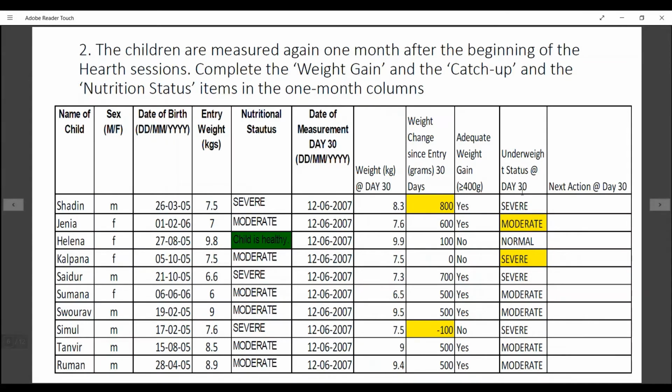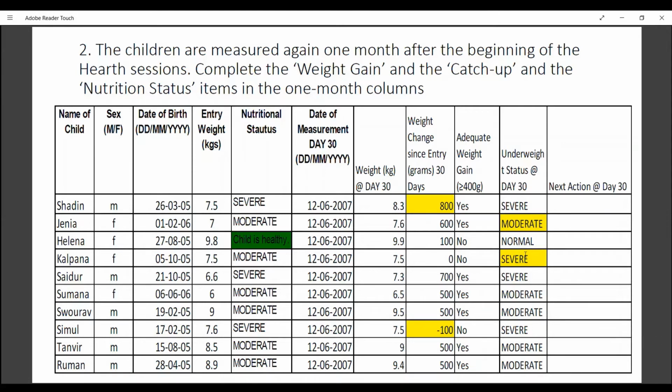The question number 2 was to complete weight gain and catch up and the nutrition status around 1 month. So your result should look familiar to this one. We have already covered this one for the day 1, and now we have here the results for 1 month.